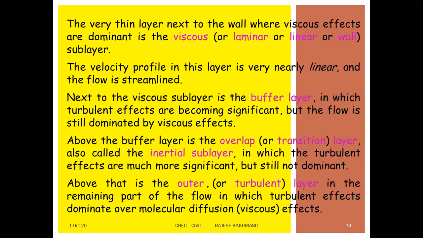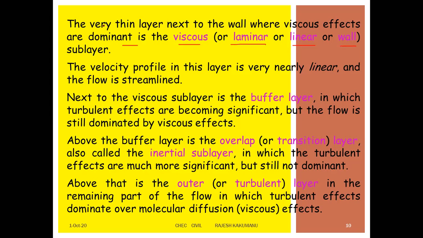Next, the very thin layer next to the wall of the pipe, where viscous effects are dominant. When viscous effects are high, that is nothing but the viscous layer, or laminar, linear or wall sublayer. What is the wall? That is nothing but the pipe inner surface. Whether a circular pipe or a square pipe, the water is in contact with the inner surface of the wall, so at that point you can see some sort of friction, momentum, energy, right?